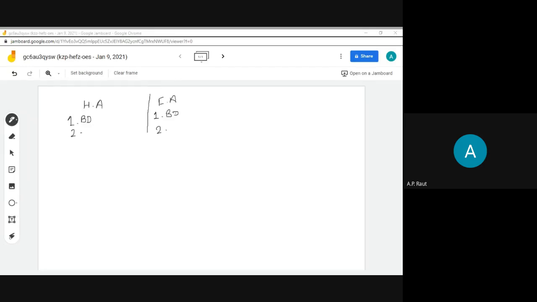Okay, so this is the difference between the half adder and the full adder.